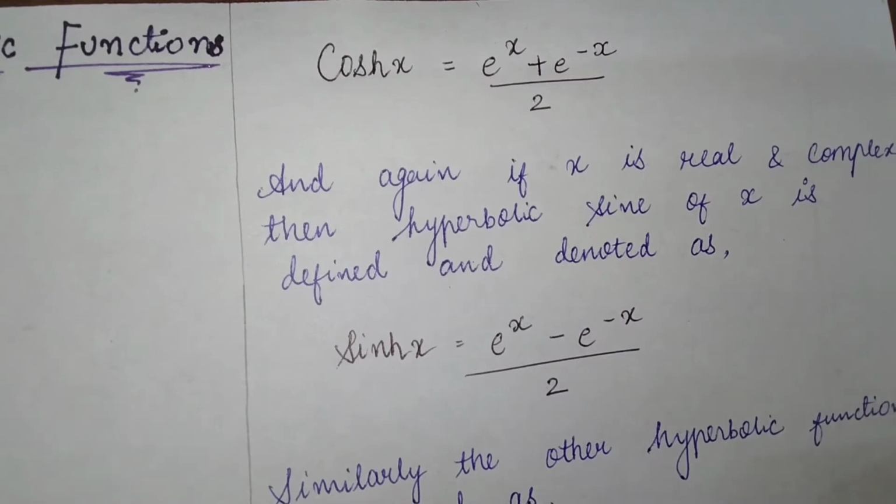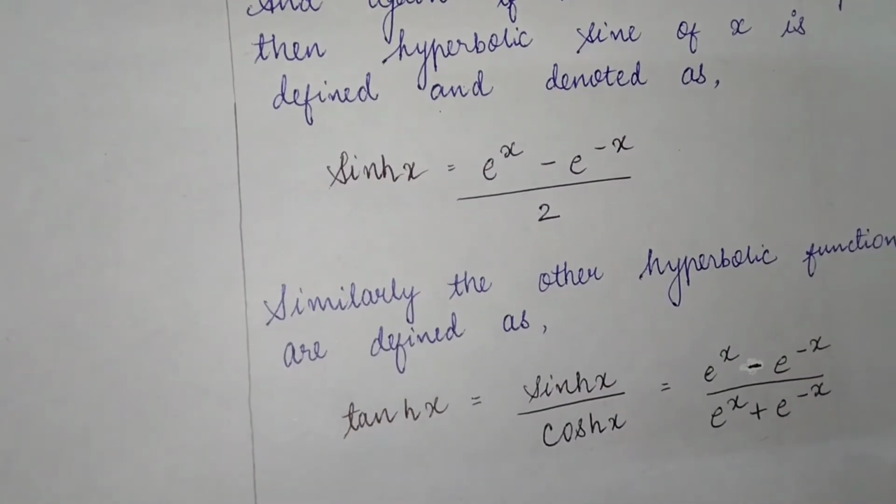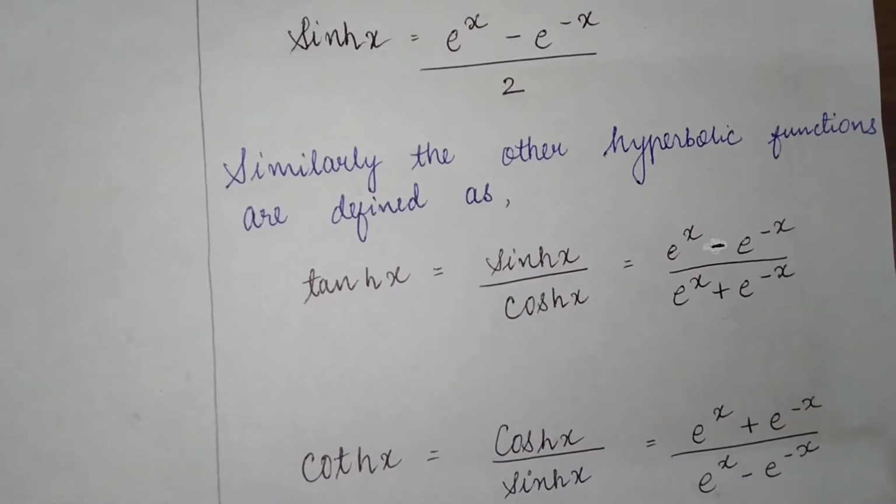So this is the main difference between circular functions and hyperbolic functions, that here all the terms are represented as hyperbolic of x. Similarly, you have to remember your formulas, which will be useful in your examples. Whenever we solve examples, they will be helpful.